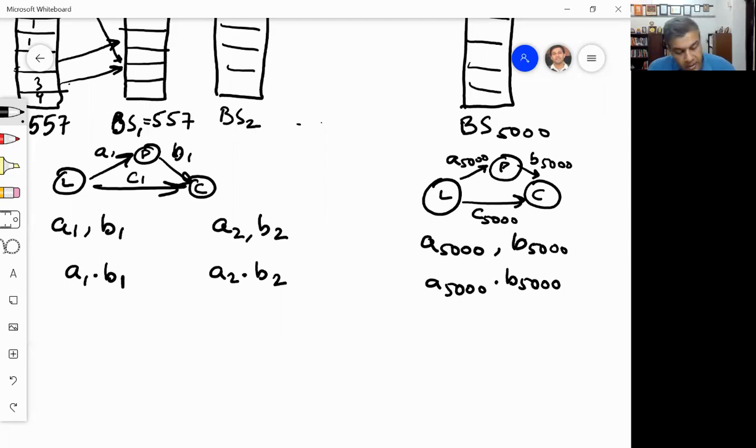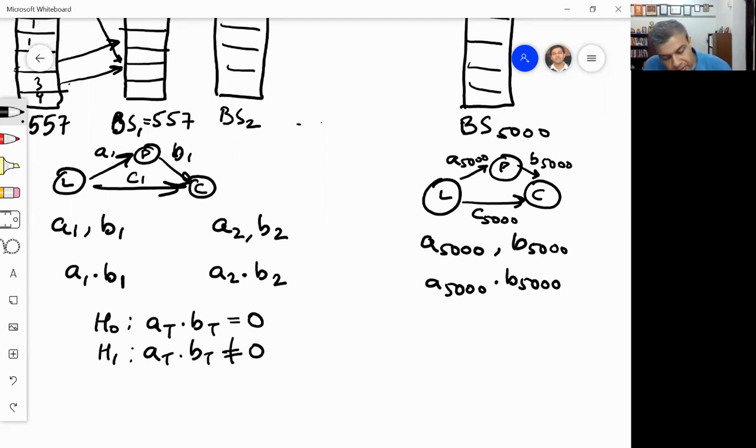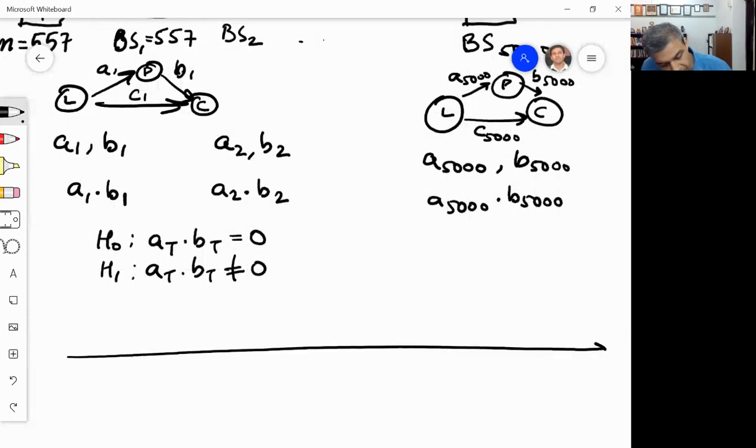Now in order to test, for example, whether this hypothesis, the indirect effect, is significant or not significant, what it will do is arrange these numbers in ascending order. So the A into B product which was the smallest, to the A into B product which was the largest.